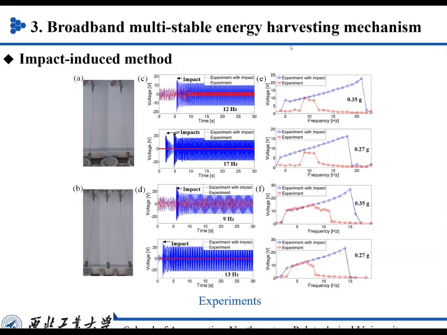Okay, for the second, the third column of the figures, we found that the red color means the harvester with 0 initial conditions, and the excitation frequency is constant. We found the bistable and tristable do not work very well at a constant excitation frequency.